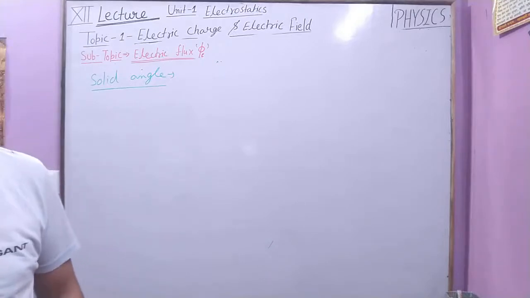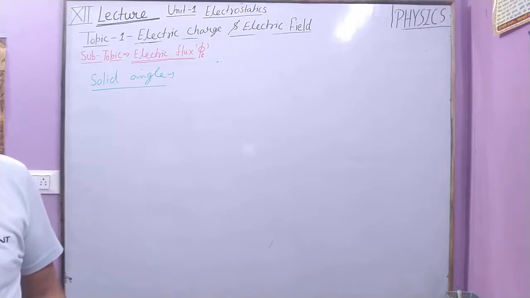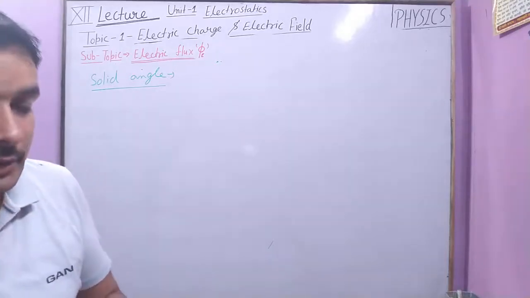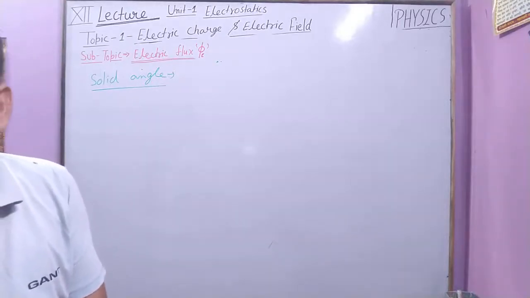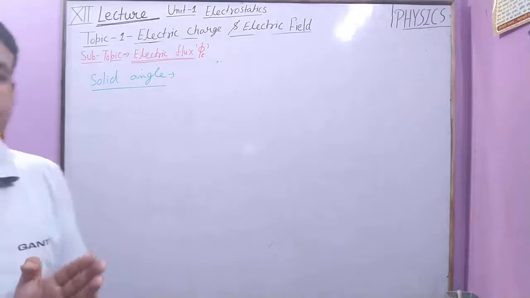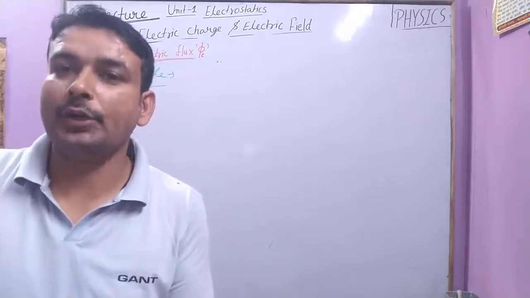So simply a solid angle is the angle in three-dimensional space which is equal to the plane angle in 2D.